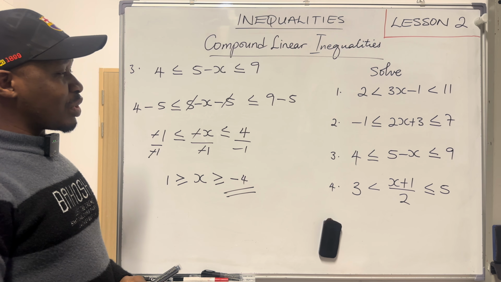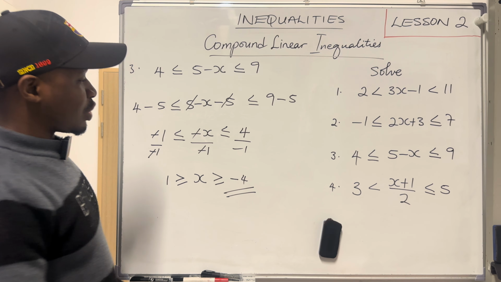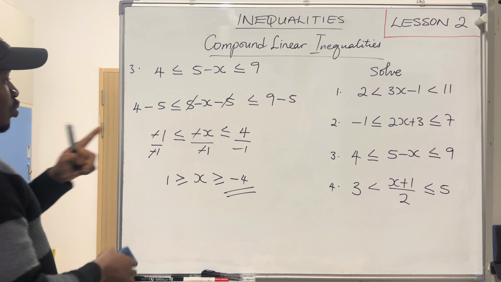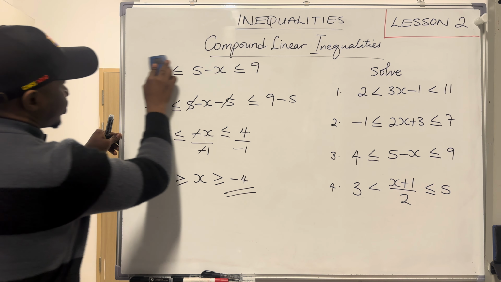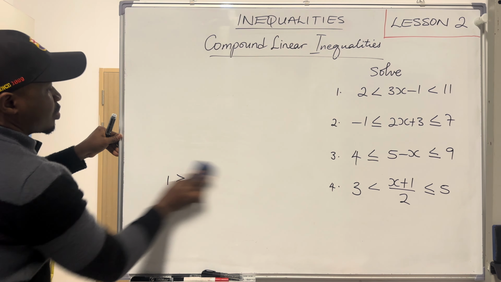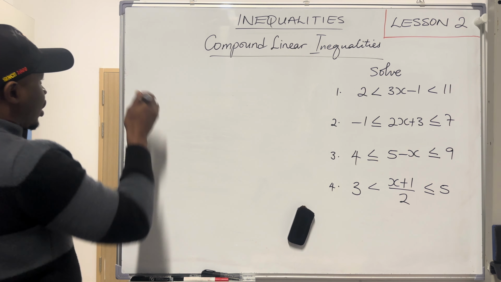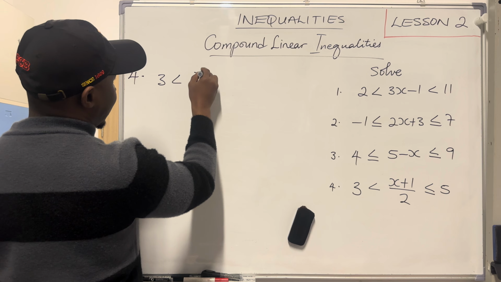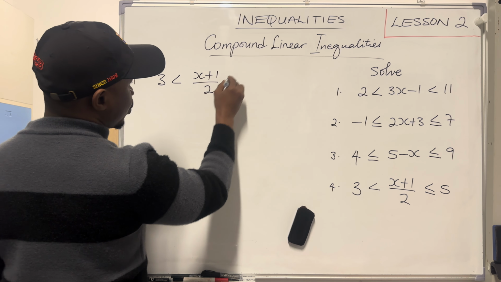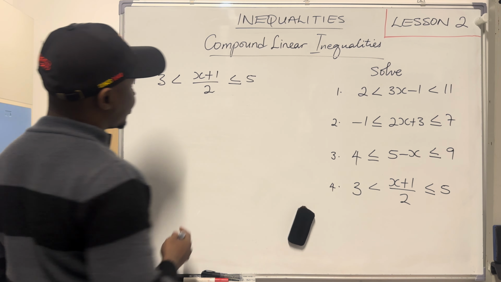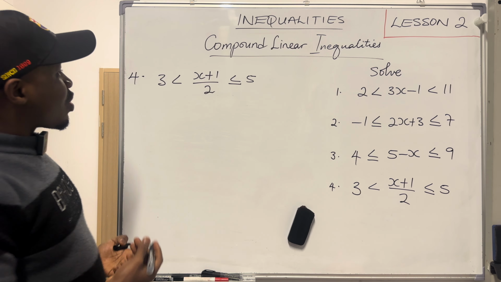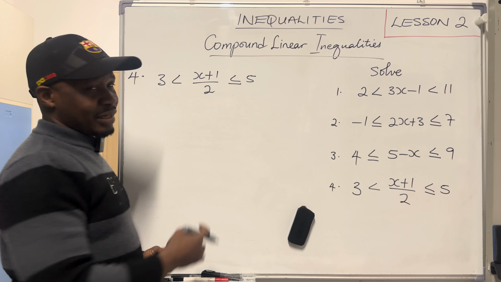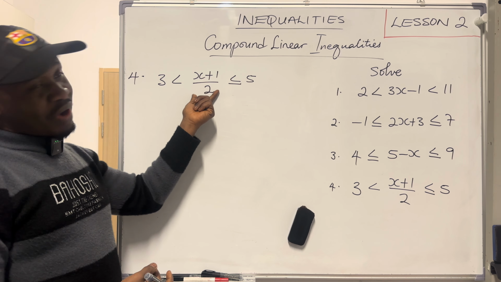Okay, so let's see what we have again. The last one. Don't forget this one. The fourth one says 3 less than x plus 1 over 2 less than or equal to 5. Before we think of eliminating, this one is a fraction.